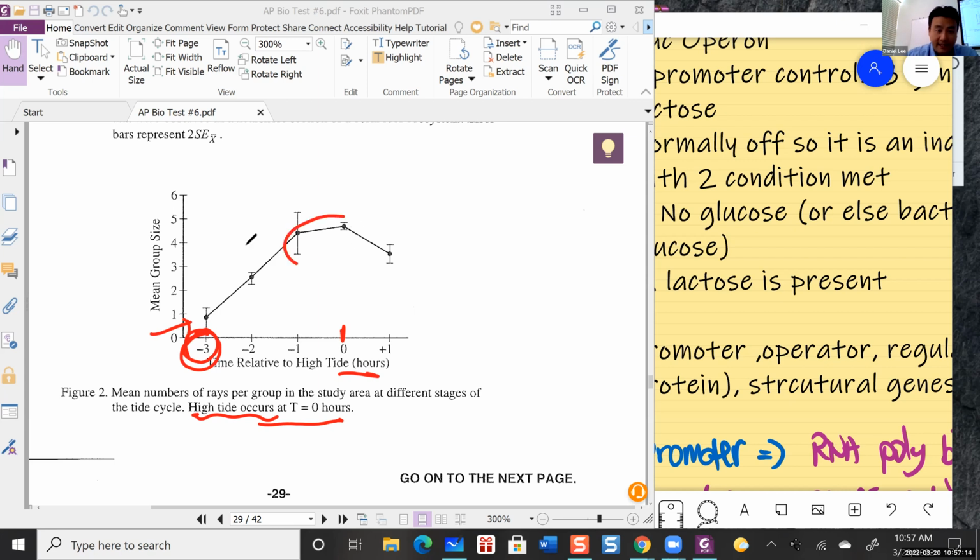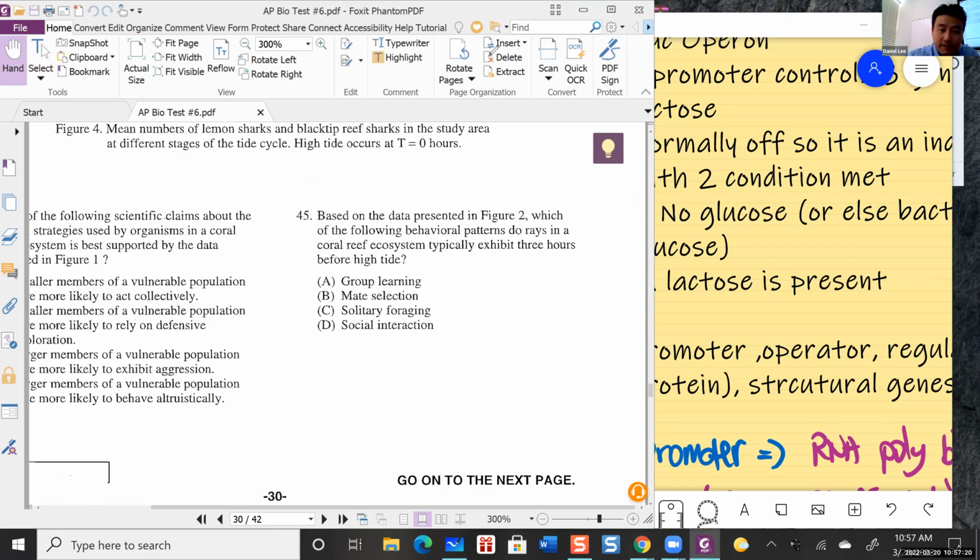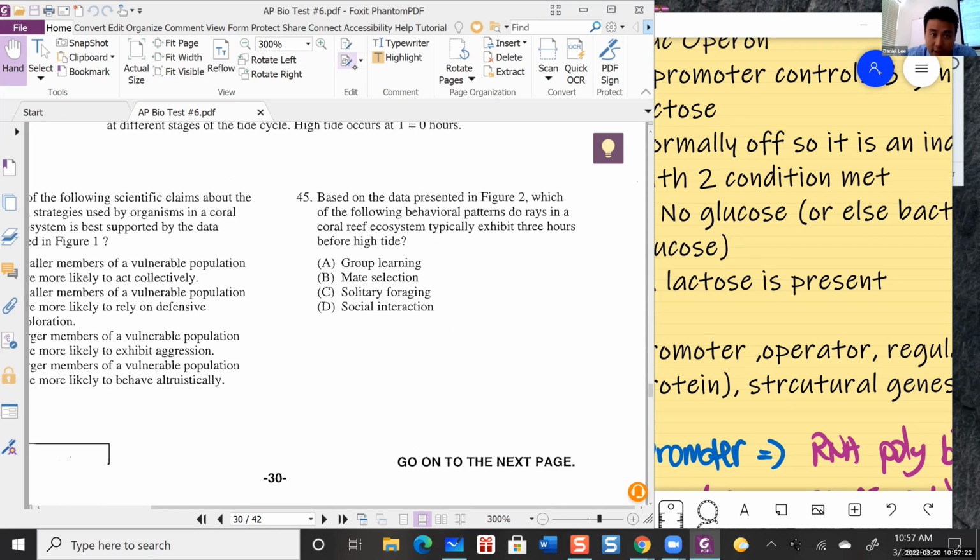During the high tide, they group together in 4s and 5s. So 3 hours before, they don't like to group. That was my first impression. So learning, no. Mate selection, no group. Social interaction, no group. So it has to be C, solitary. They have to be by themselves, and the presumption here is that they're looking for food. You don't want to have competition with everybody, right? So they'd rather be alone.